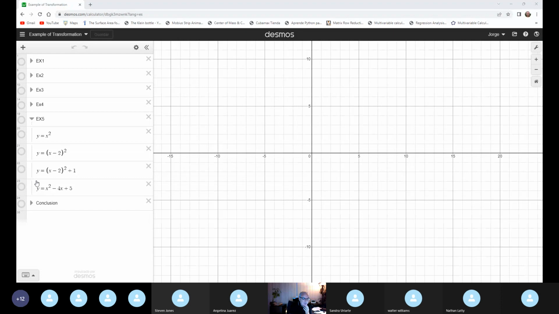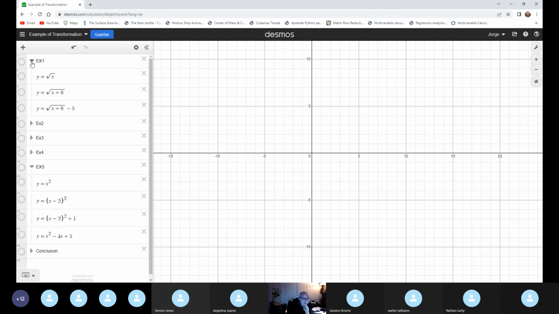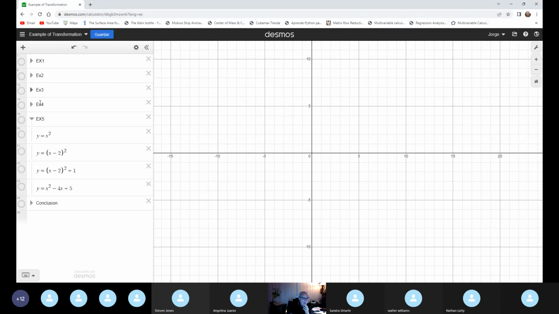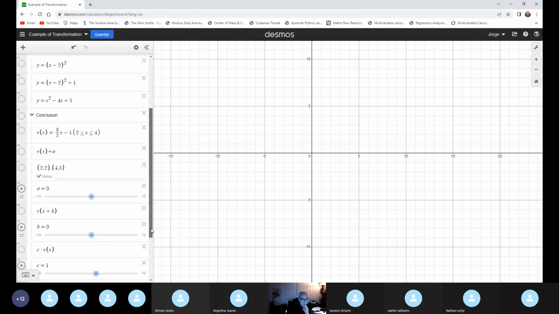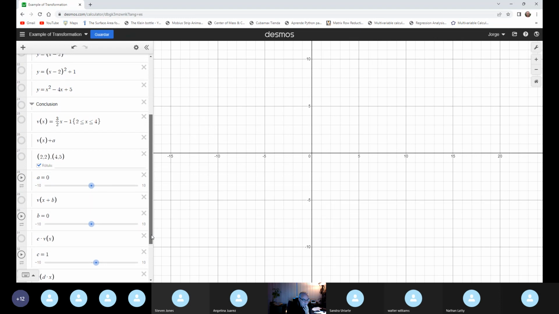Okay, this is the example. Let me try this example. Oh, no, the conclusion first. To illustrate the motion and the animation very well, I created one weird function, but you don't care too much.